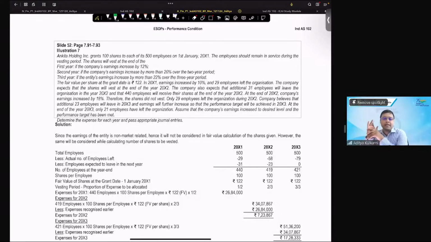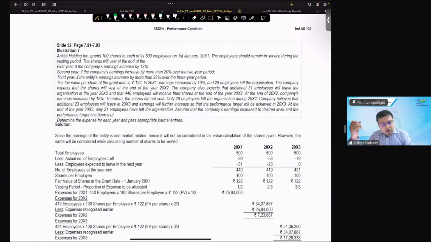Non-market-based performance condition, what are you going to do? Non-market-based performance conditions will be conditions like increase in sales, increase in EBITDA, increase in contribution, or decrease in costs. All these are non-market-based performance conditions.